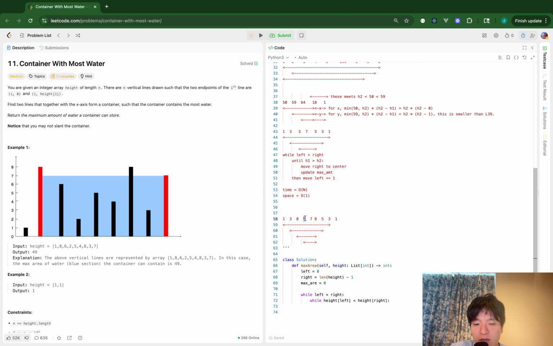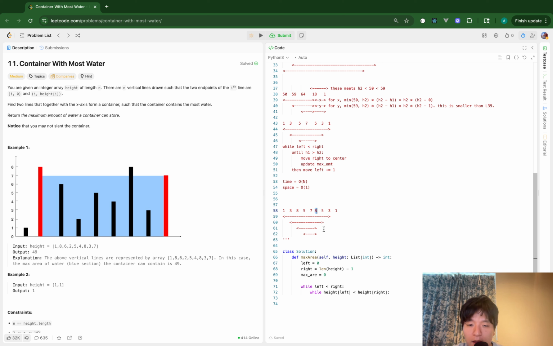So it doesn't matter how this 5 is treated. So I can include that in my logic. Yep. But nothing happens for this 5. I calculate the amount, but it doesn't update the global max. And also this right pointer isn't moved. So it's totally fine.